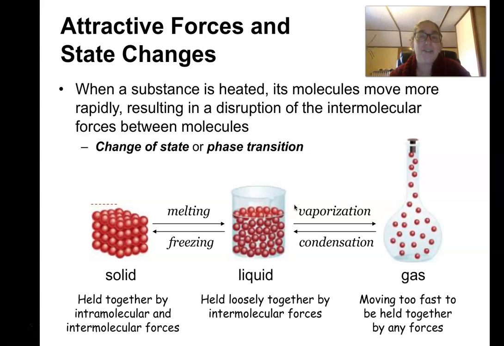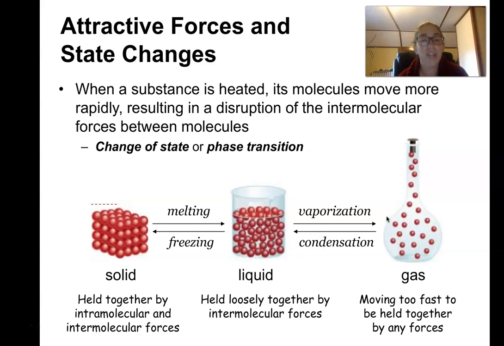So the way that attractive forces contribute to this is attractive forces are what actually hold these atoms or molecules together in these different states. And by adding heat and making them move faster, adding energy, we start breaking those intermolecular forces, and that's what allows them to go from state to state. So state changes are actually due to interruption or breaking of these attractive forces, not chemical bonds.